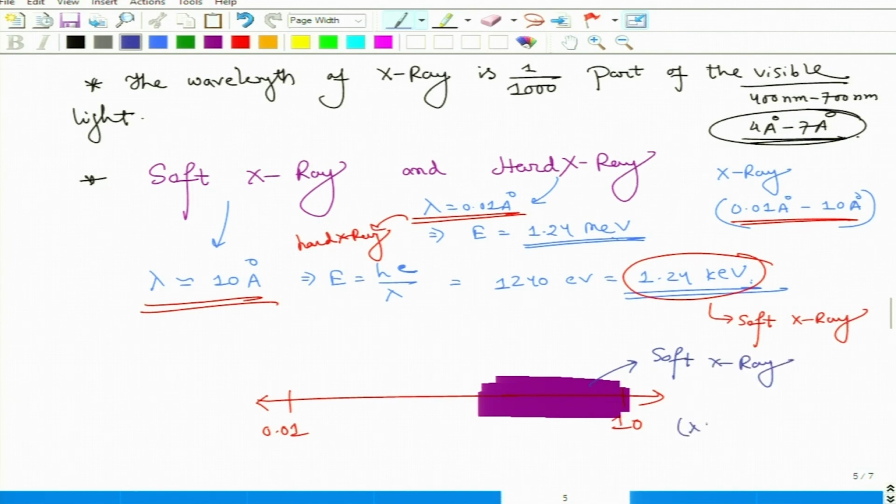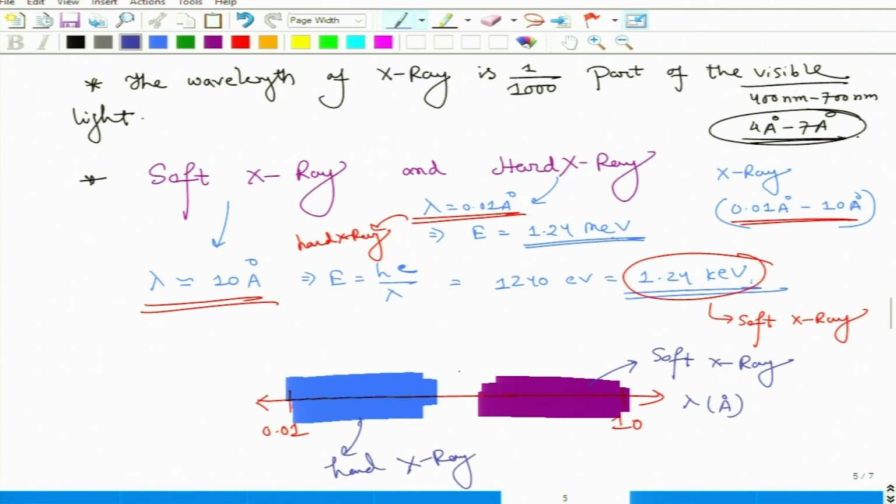This scale is lambda in angstrom. And around that part is our hard X-ray. In between we can't distinguish. So this is soft X-ray and hard X-ray. Hard X-ray has the higher energy, and that's why it's called the hard X-ray. So this is our X-ray.